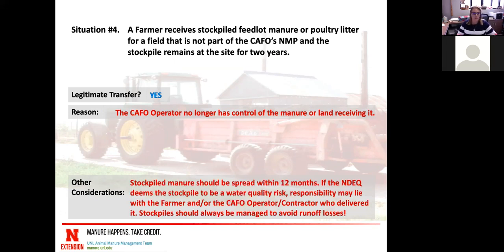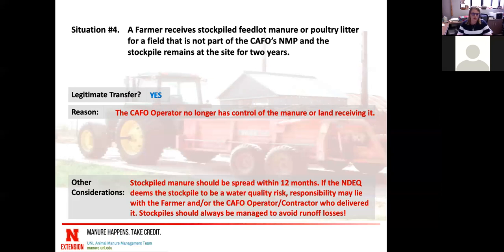The thing that we need to think about in this case, though, is that in the state of Nebraska, the regulations state that manure should be spread within 12 months. So if this person has left that stockpile there for 2 years, that's probably not a great idea. Again, that person's not operating under a permit, so the CAFO operator is regulated a bit more in how they handle that.